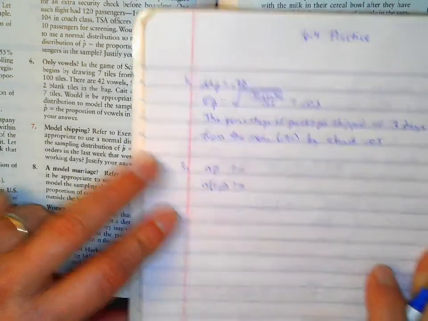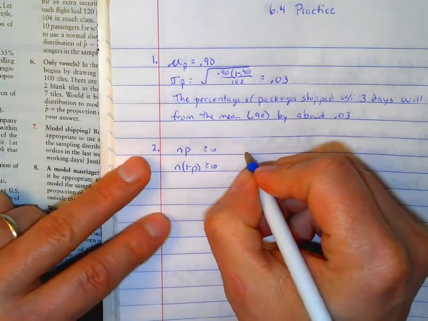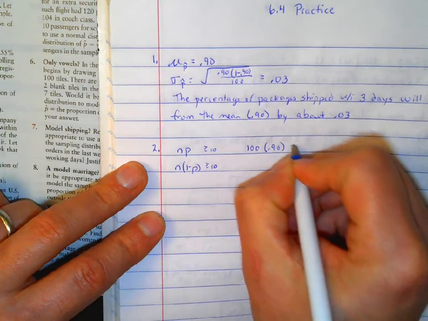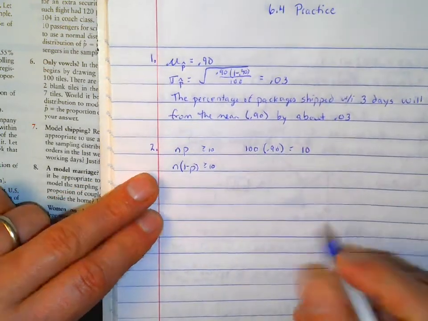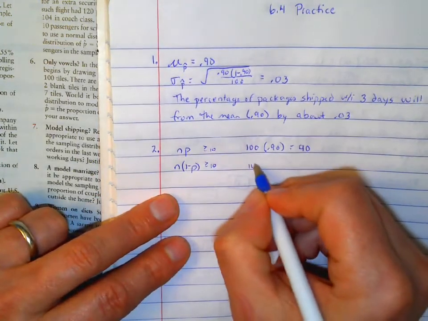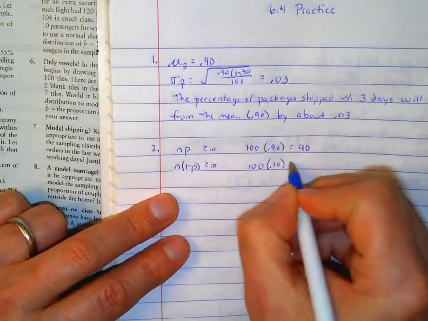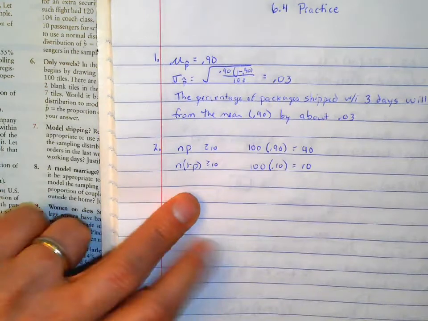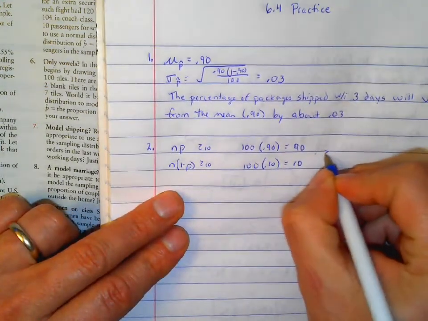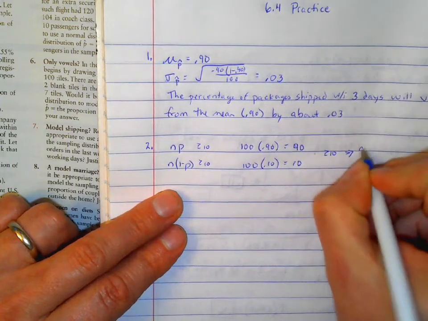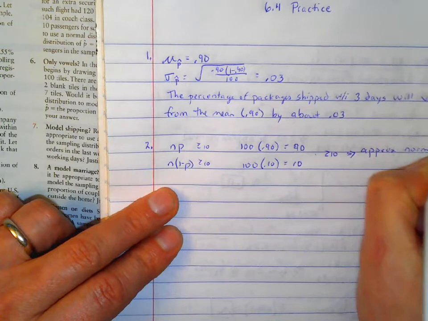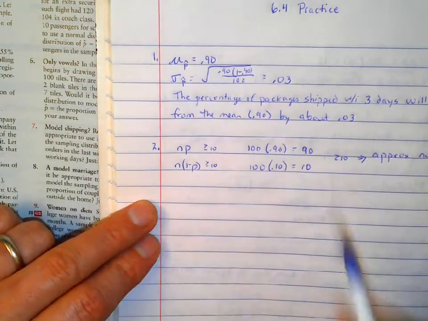My n times p: there's 100, and 90% of them are on time, so I would expect 90 of them to be on time. And that means 10 of them would not be, so I would expect 10. Both are greater than or equal to 10, therefore the shape is approximately normal, with this mean and standard deviation.